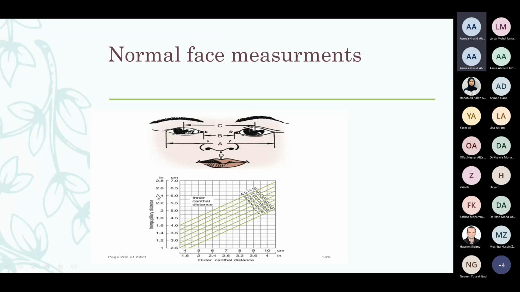So what you need is to take these measurements and plot them on the normal, and see the normal. See, also the philtrum has a certain distance. This is only an example for the inner canthal distance, but everything has its own normogram. And if it's more than 2 standard deviations from the normal, then it's abnormal.